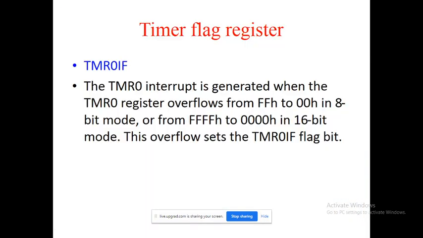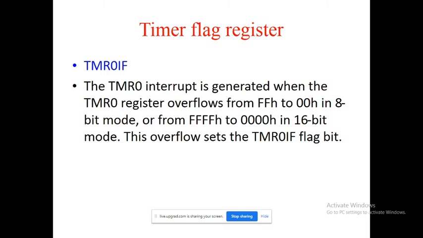The next register is used when you have already declared that timer 0 is either an 8-bit timer or a 16-bit timer. Timer 0 starts from an initial value, and every time it is incremented as pulses come to the timer section. It becomes 1, 2, 3, and when it is an 8-bit timer, the maximum it will reach is FF, that is 256.